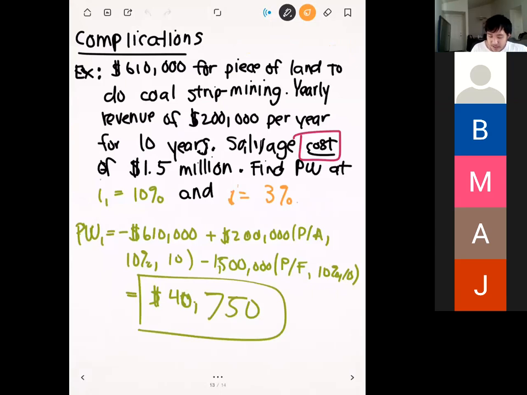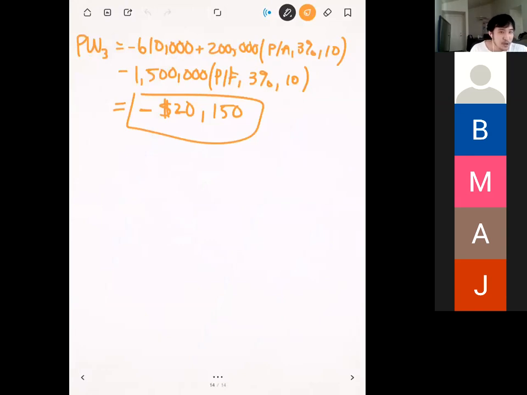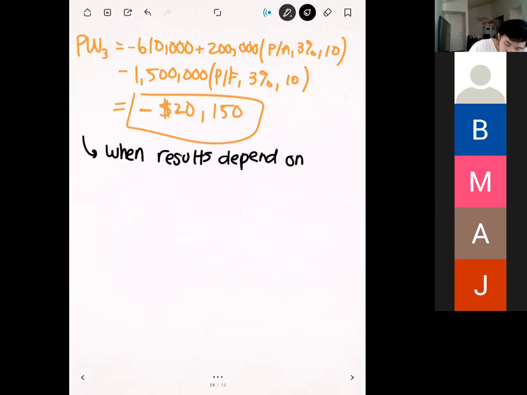For a 10% interest, we say that the investment's good, but for a 3% interest, this investment is bad. So which one is it? In cases where the result of your analysis depends on the interest rate, and when I say result, I don't mean the actual numbers, because of course the actual numbers are going to change depending on the interest rate.